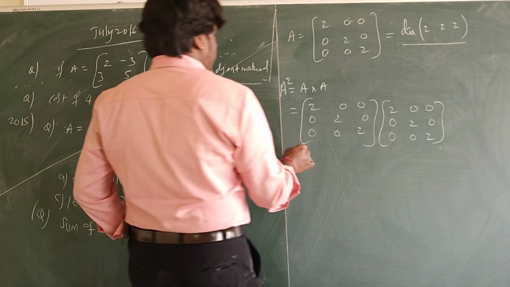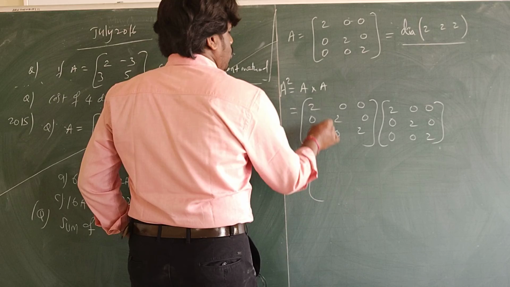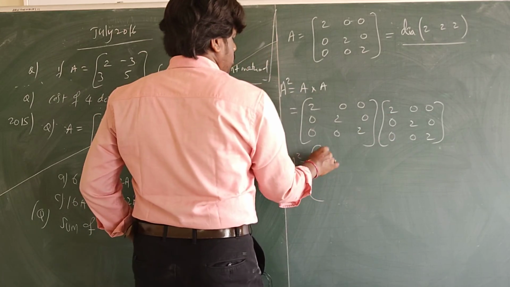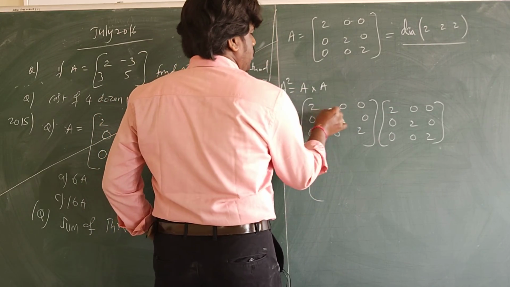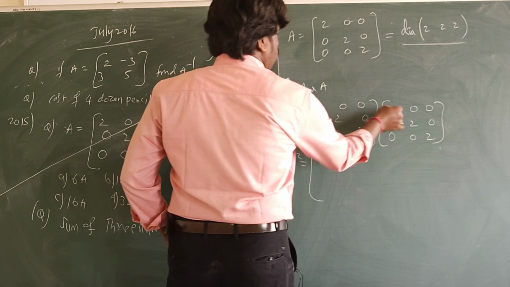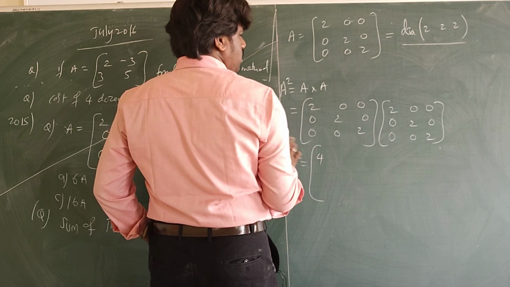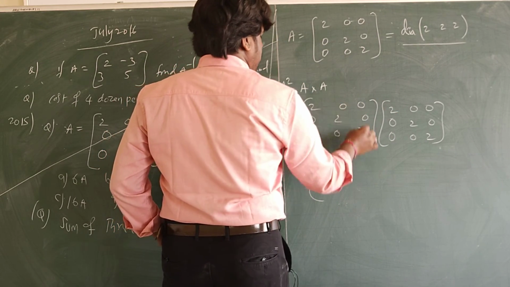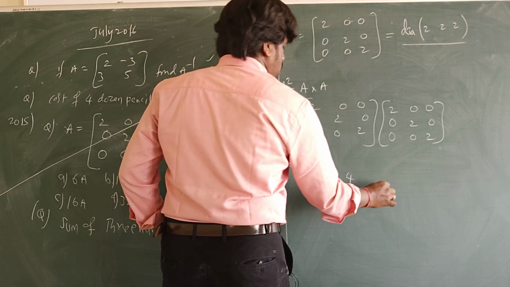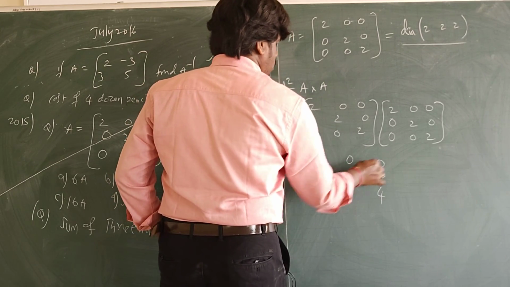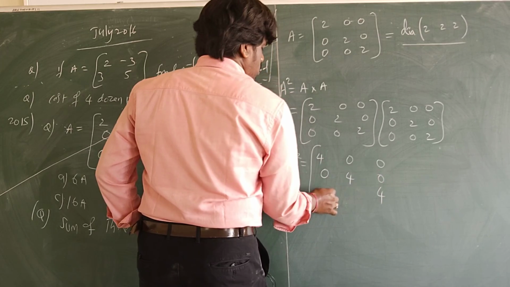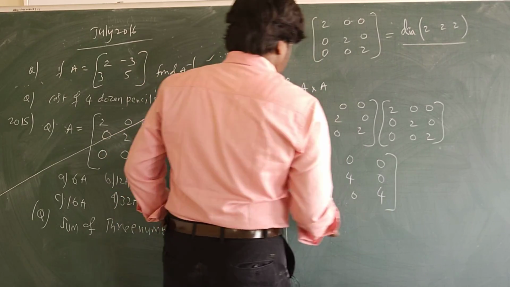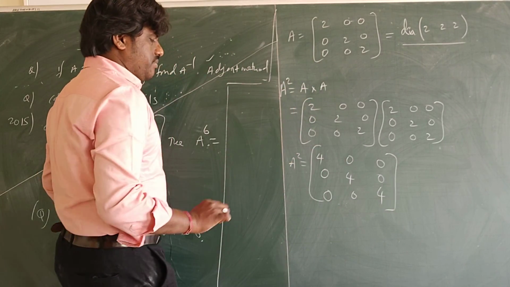So 2 2s are 4, you get 4 here, next here also 4, 2 2s are 4, the others will be 0, and here 4 will come, so A squared has 4 on the diagonal and all other entries 0.